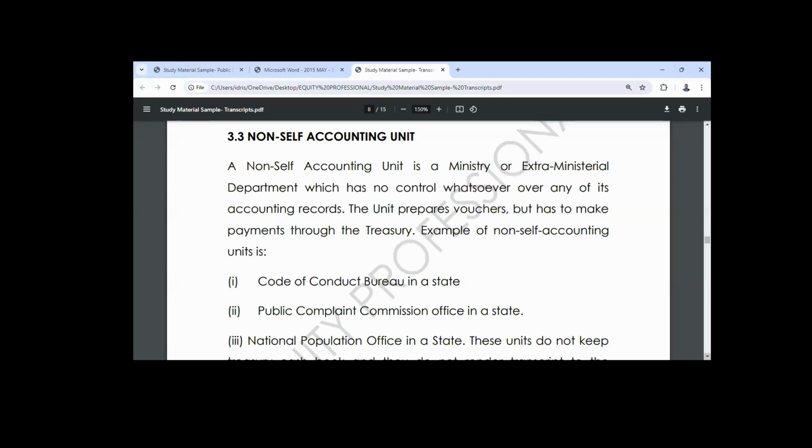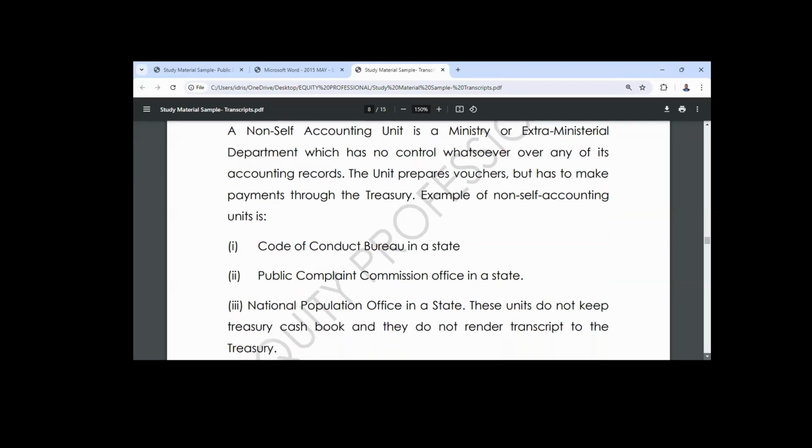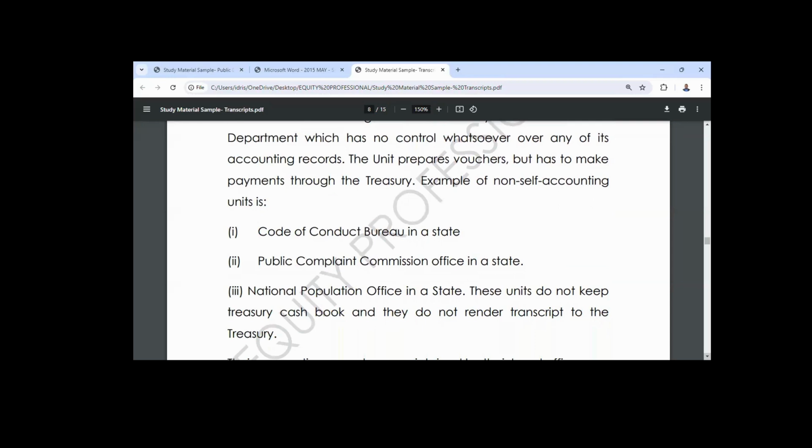So non-self-accounting units are the ministries or extra-ministerial departments that have no control over their accounting records. Examples: Code of Conduct Bureau in a state, Public Complaints Commission office in a state, National Population Commission office in a state.